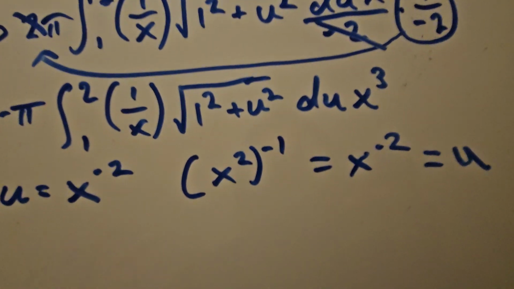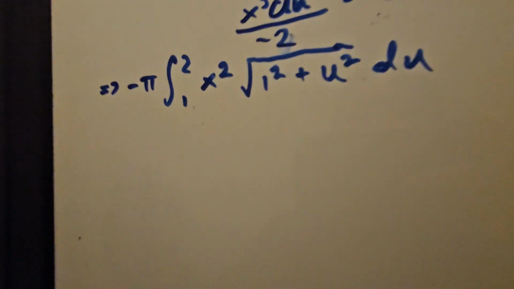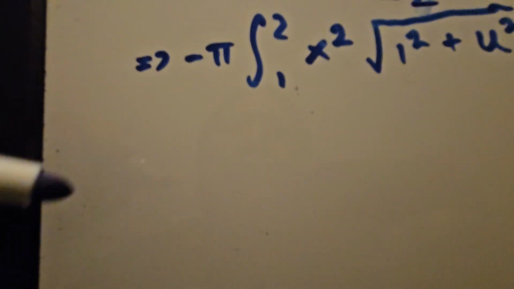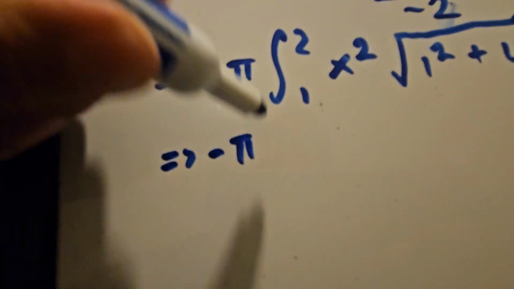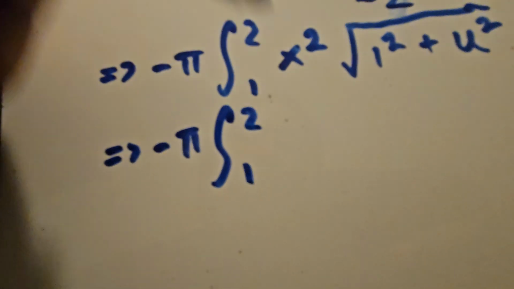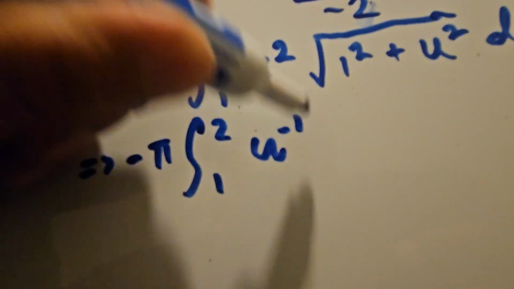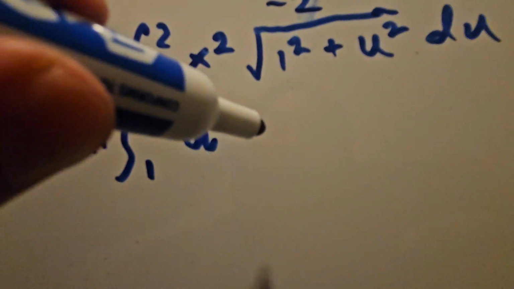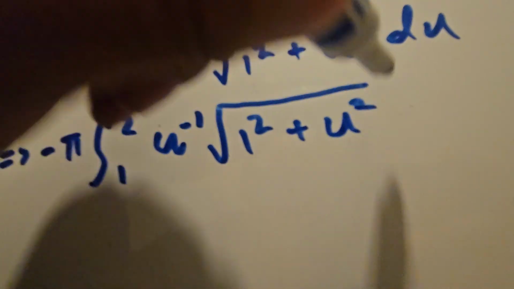Now look at that. That's a relationship we are going to use. So let's use this relationship in this integral. This gives us negative pi, integral from 1 to 2, I mean from 2 to 1, of u to the negative 1 power over the square root of 1 squared plus u squared du.